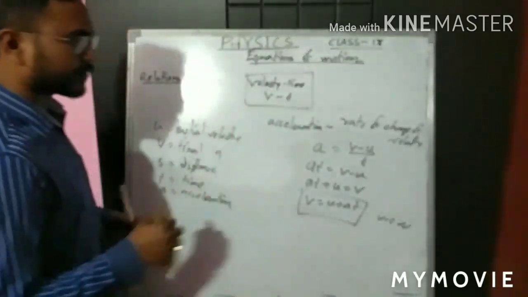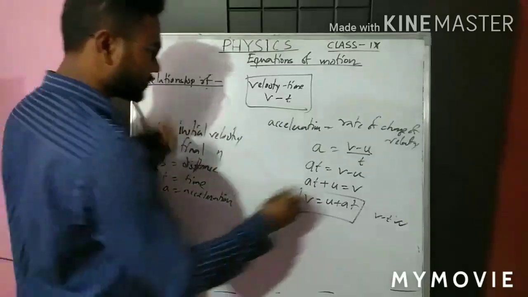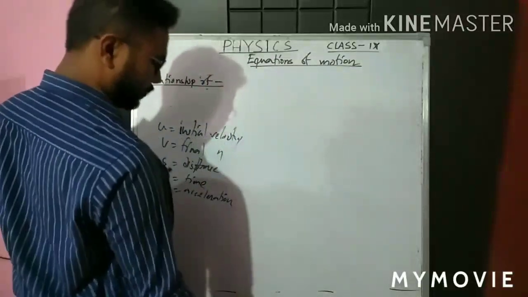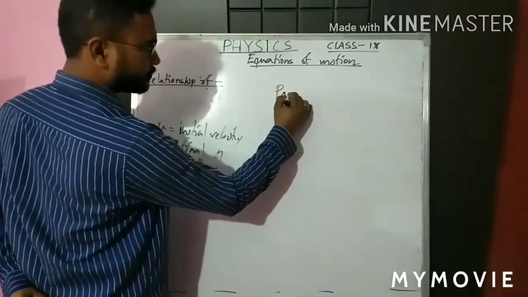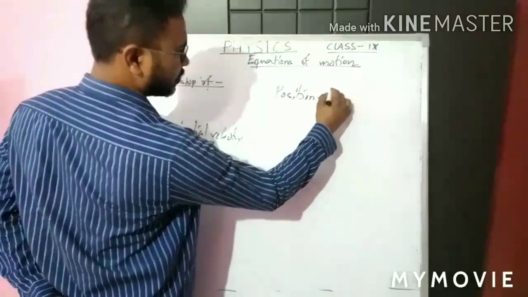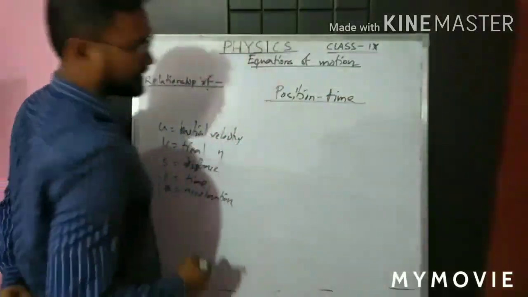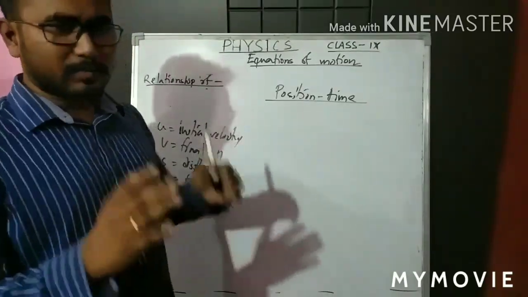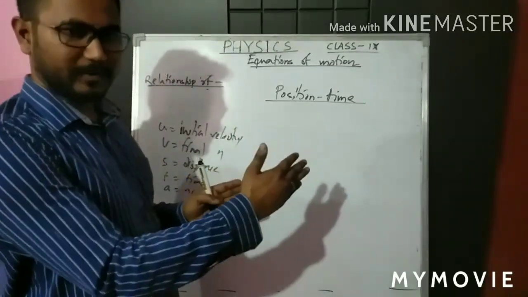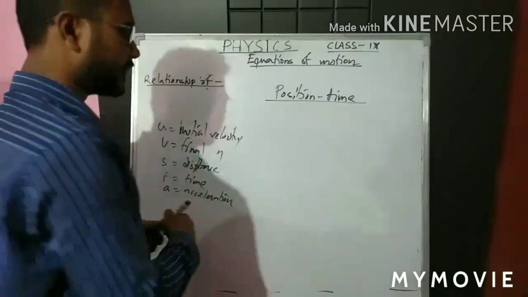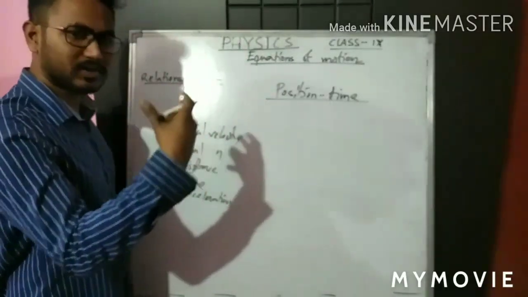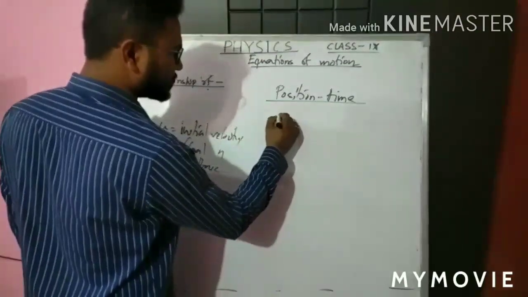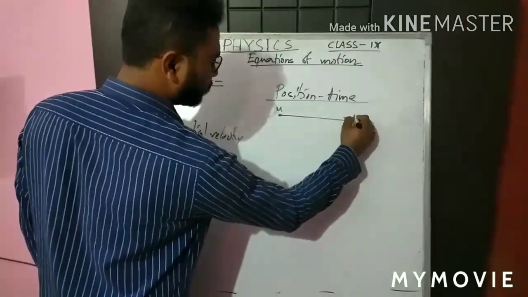The next relationship will be the position time relationship, right? So let's do it. To find the position time relationship, you have to consider another relationship. Suppose an object is moving and its velocity is changing, increasing or decreasing. Suppose here we are considering increasing.